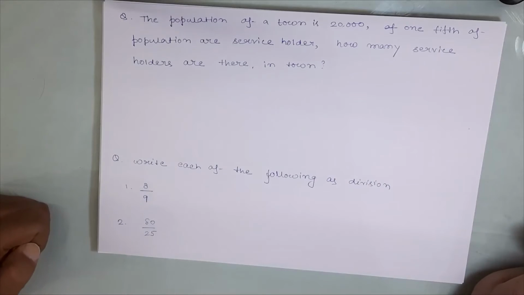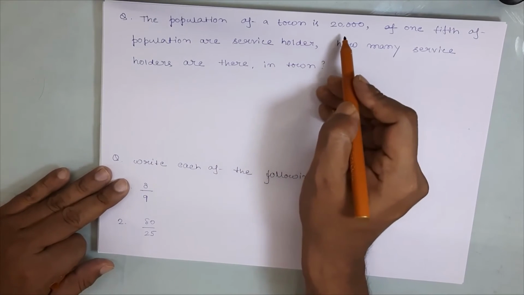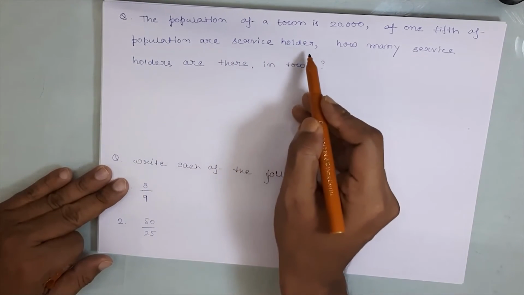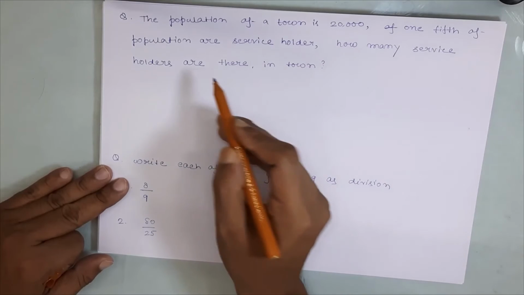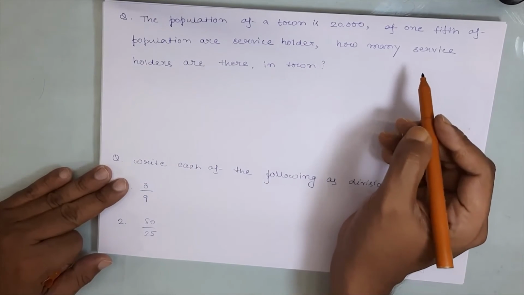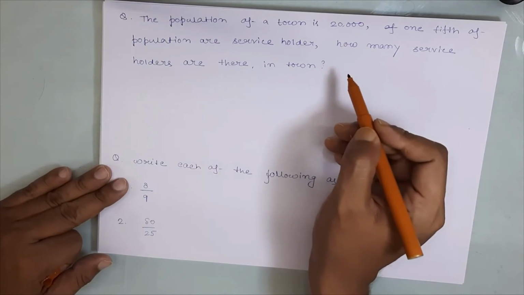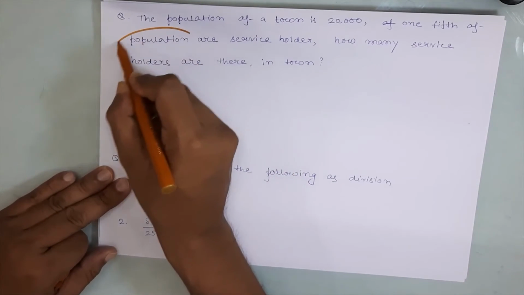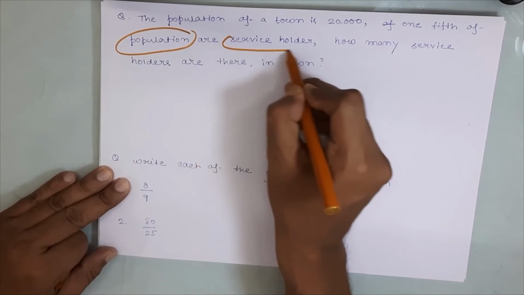Wonderful. Here we have come across another question where it is mentioned that the population of a town is 20,000. 1/5 of the population are service holders. How many service holders are there in the town? It is pretty clear and simple that 1/5 of the entire population are service holders.